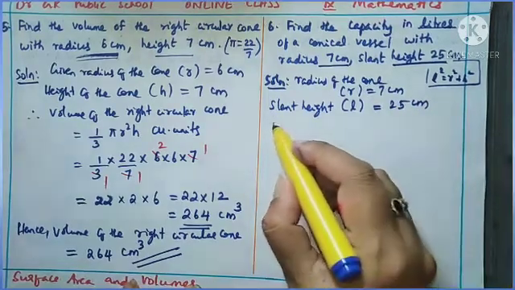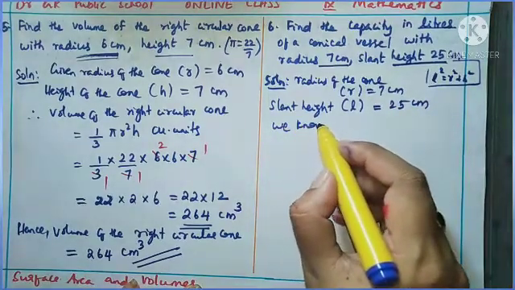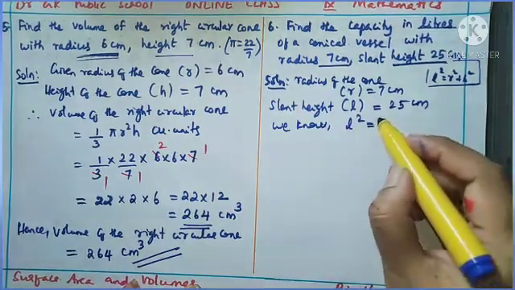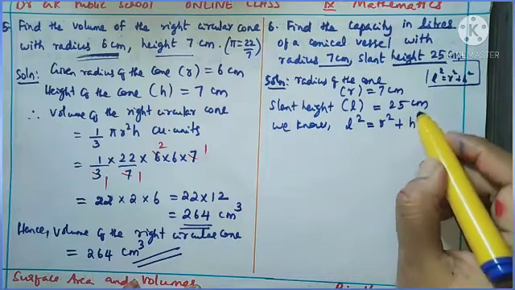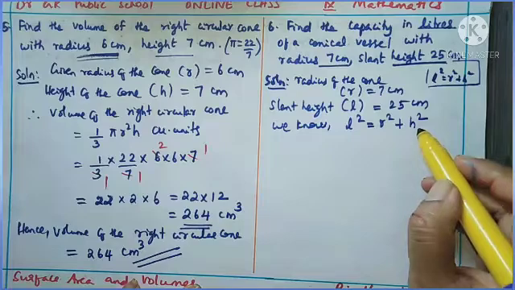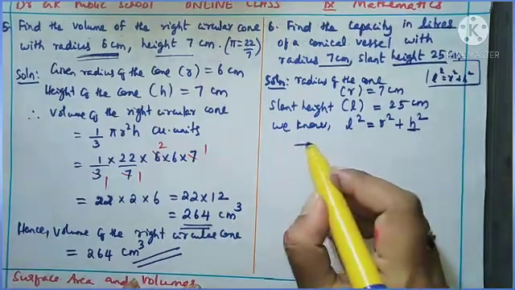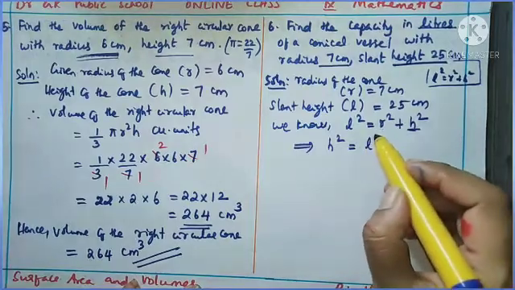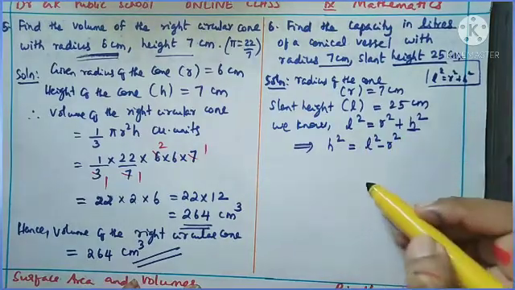Okay, now we can write the relation to find the height of the cone, that is l square equal to r square plus h square. Okay, from this now we want to find what? Height. So we can transpose this, we can write as h square is equal to l square minus r square.